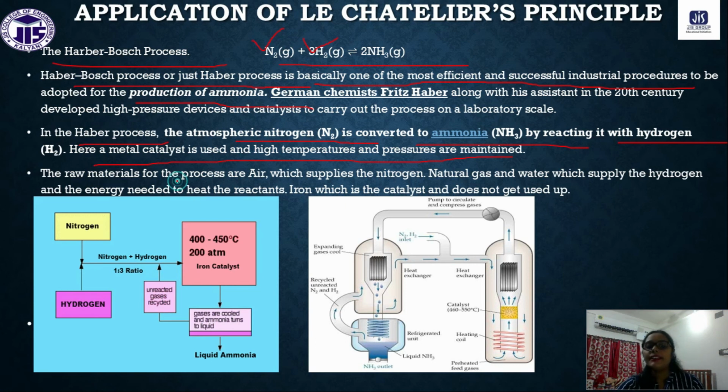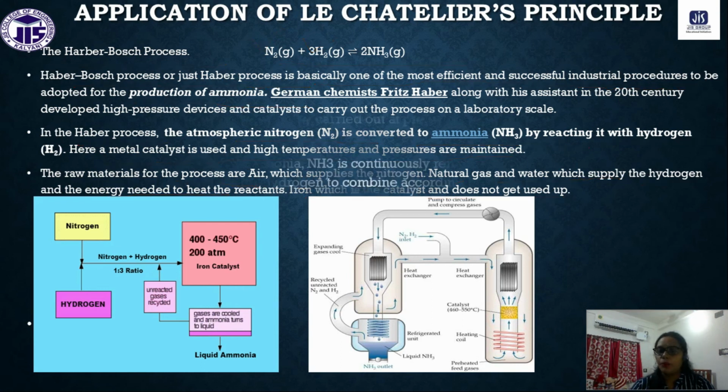The raw materials for the process are air, which supplies the nitrogen, and natural gas and water, which supply the hydrogen, and the energy needed to heat the reactants. Iron is used here as a catalyst. So this is the Haber process.